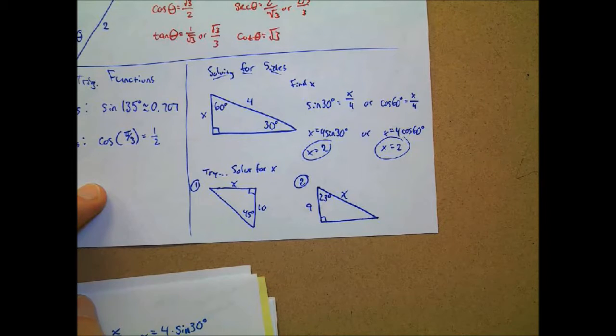Which one's the adjacent? Which one's the opposite? Adjacent is the leg that is next to the angle, that is part of one of the angle's sides. The opposite leg is not a side of the angle. But they're both touching. Which one of these? I mean, obviously that's the hypotenuse.